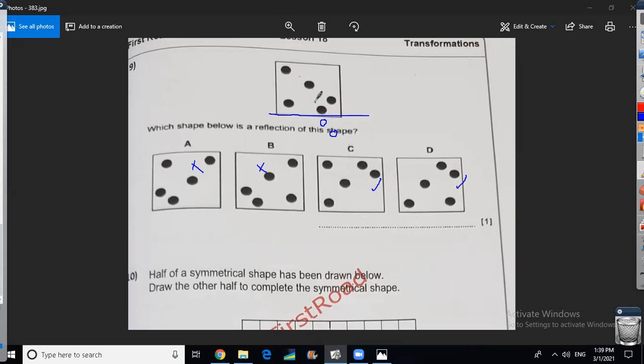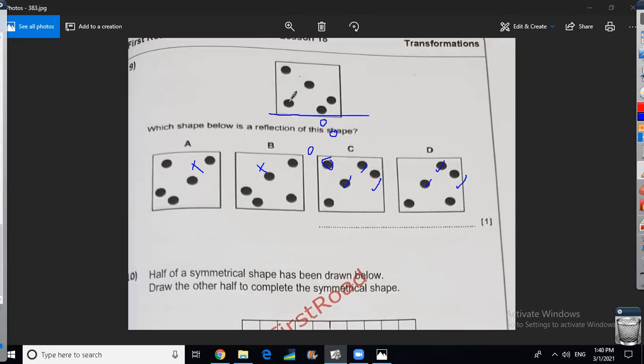Which one? Let's continue. This shape, this point, if I reflect it, it's going to be almost here, in the middle. In both of them I still don't know which one is correct. These three are exactly the same. The final one is this.